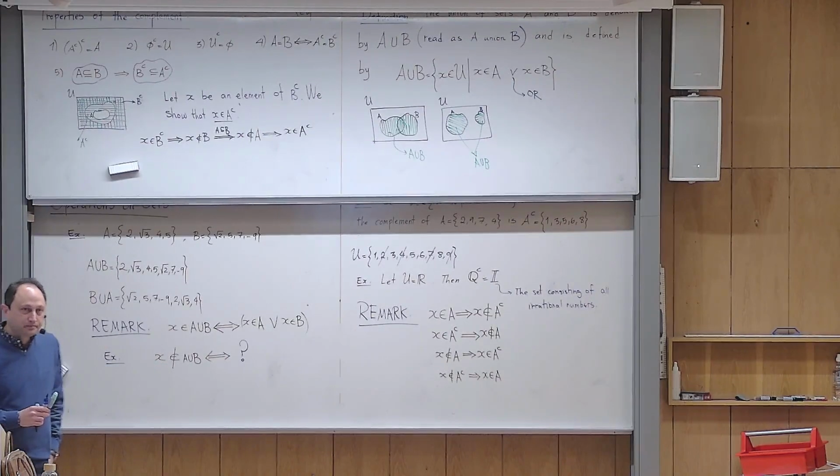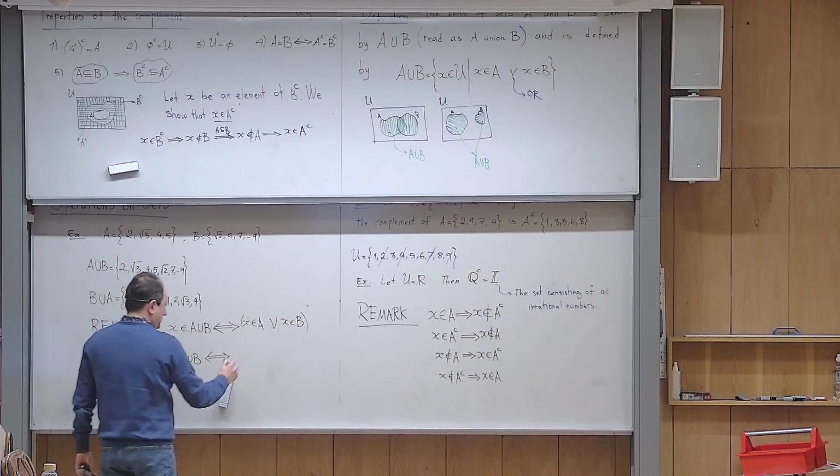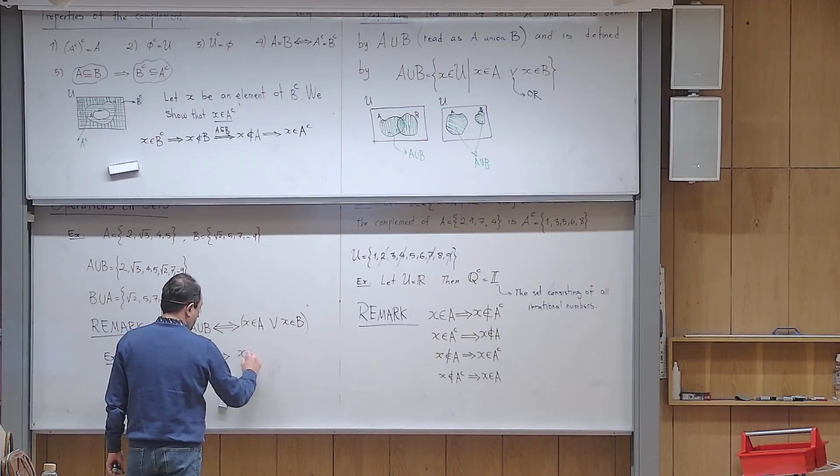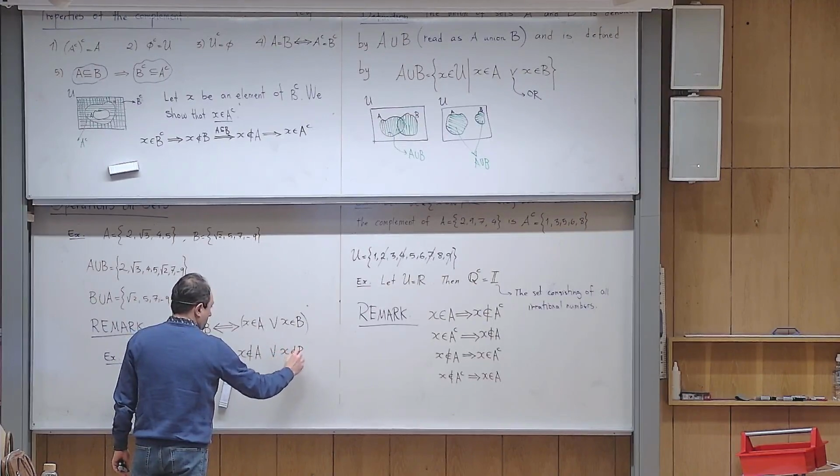Yes? X does not belong to A or does not belong to B. So that is the point. I want you to think about what you said. That's exactly what I want you to say, but there is a flaw in what you said. So what Casimir said, let me write it here. He told me, if I have understood you correctly, correct me if not, that this is the meaning of this sentence.